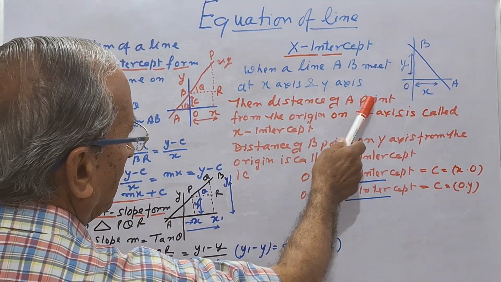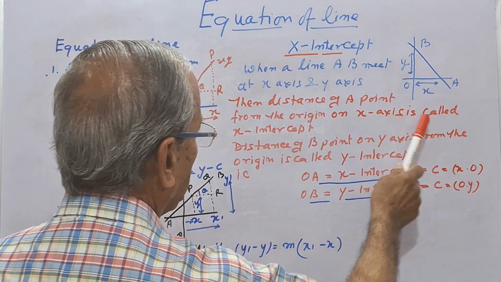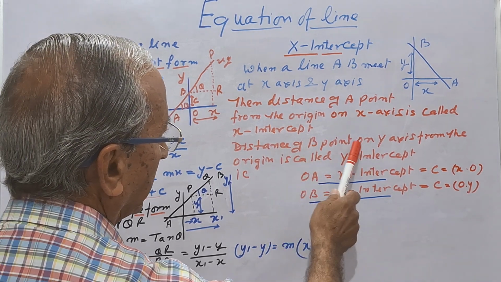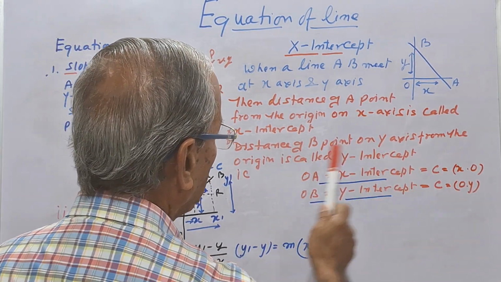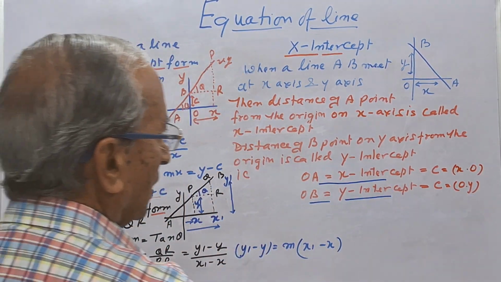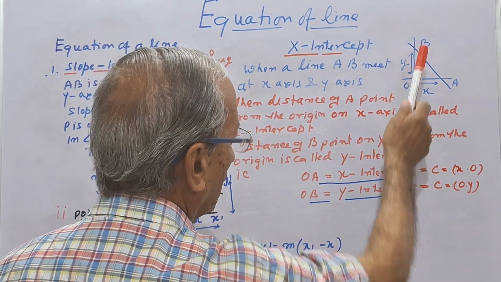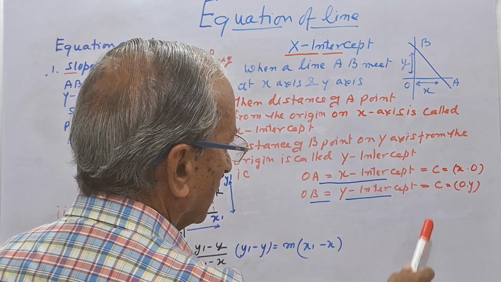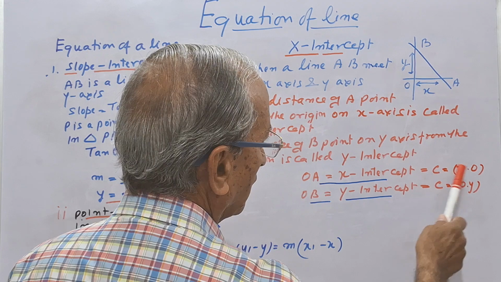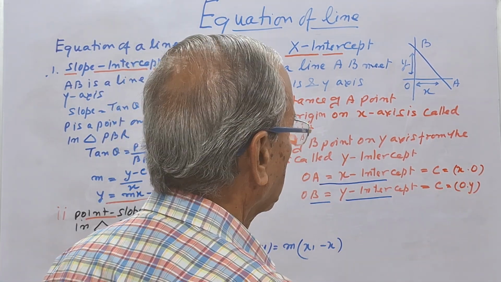So the distance of point A from the origin on the x-axis is called the x-intercept, and the distance of point B on the y-axis from the origin is called the y-intercept. So here OA is the x-intercept and OB is the y-intercept, which is represented by C. Now on the x-intercept, y is 0, and on the y-intercept, x is 0.